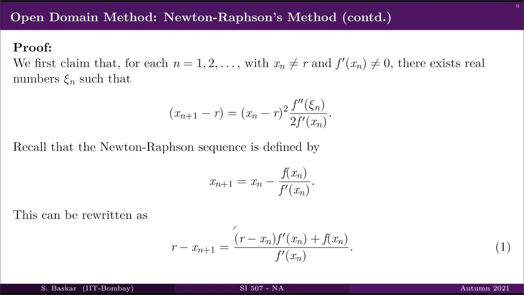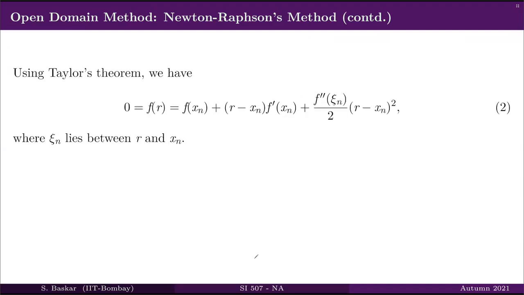Now we will try to use the Taylor expansion of f(r) to get an equivalent expression for the numerator of equation 1. If you recall, we can write f(r) is equal to f(x_n) plus (r minus x_n) into f'(x_n). This is the Taylor polynomial of degree 1 plus the remainder term, right?